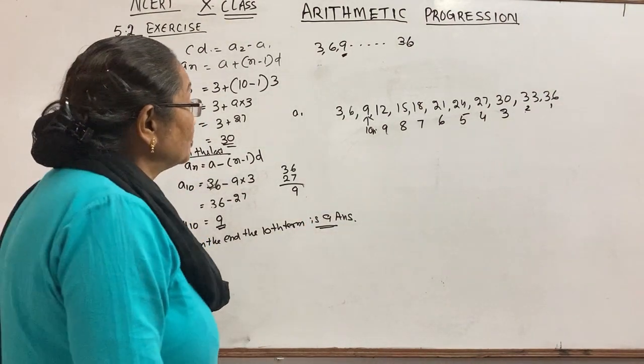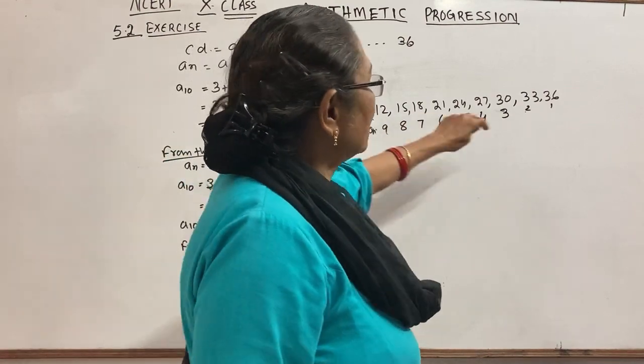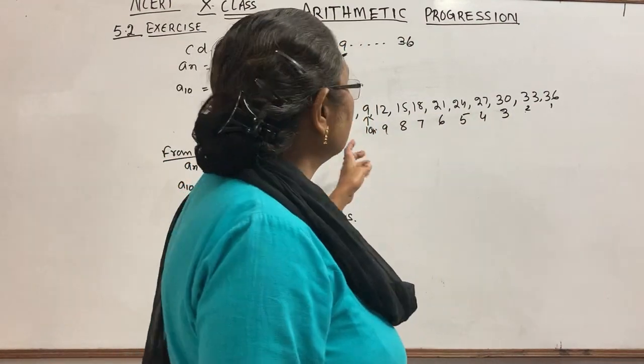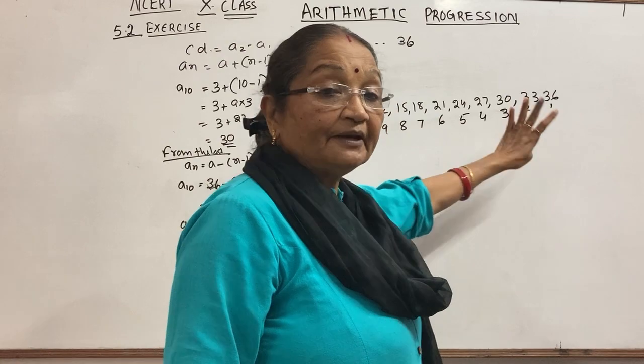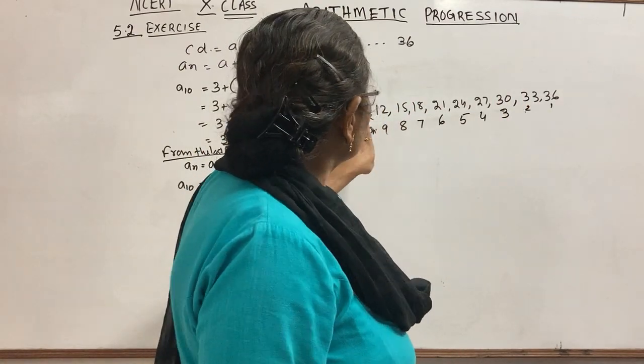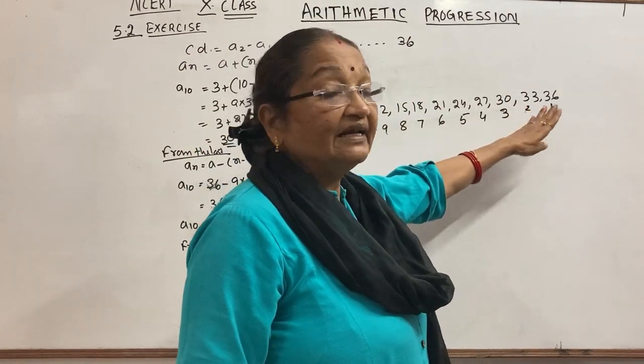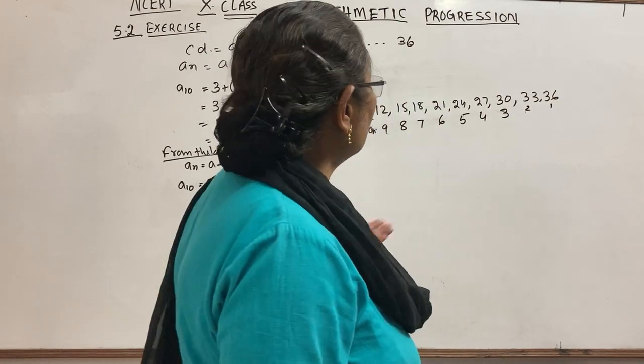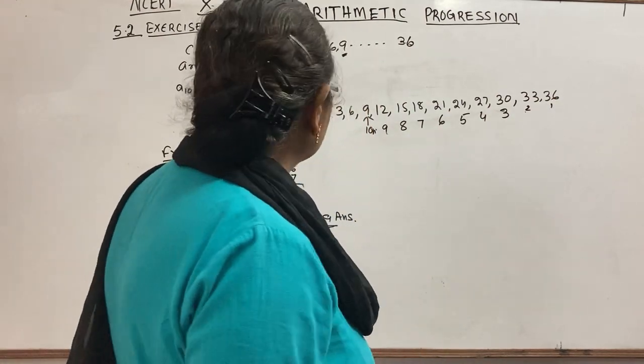So just to prove it, because this is very small, I have written from 3 to 36, 3, 6, 9 like that, and from there let us count whether the 10th term will be 9 or not.